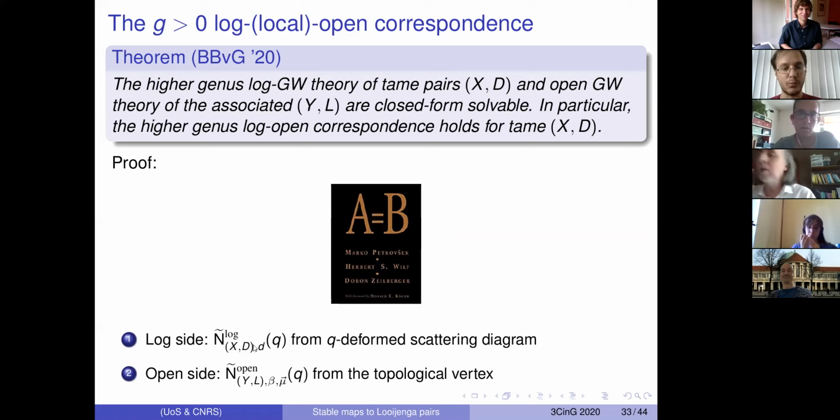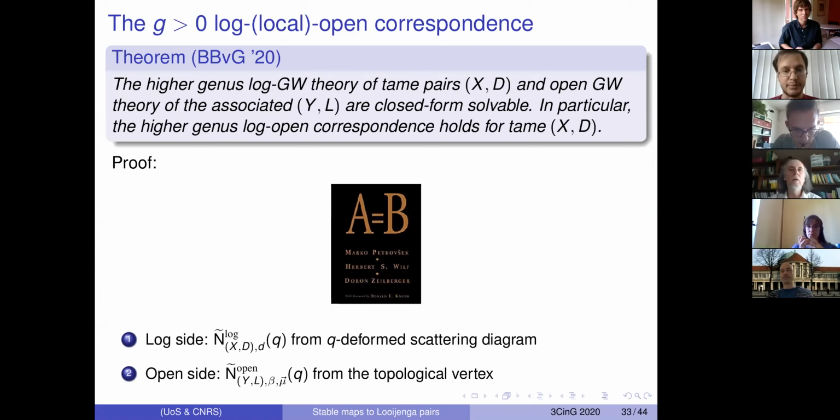And one side of the correspondence, as was advertised, is computed from the quantized scattering diagram for (X, D). And the calculation of the right-hand side, the higher genus open Gromov-Witten invariants of (Y, L), is computed via the Lagrangian Klemm-Pandharipande or the Liu-Ju topological vertex.